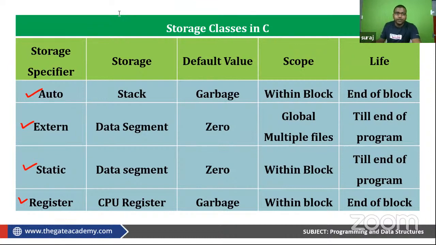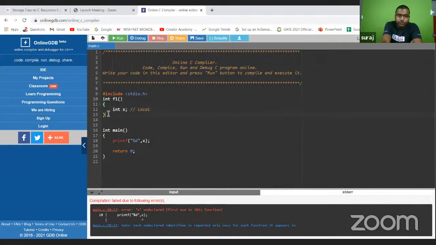Now see, I am making this int x and removing this. Now this is a global variable, and I have not done any initialization. Now if I print this, what is going to be the output?